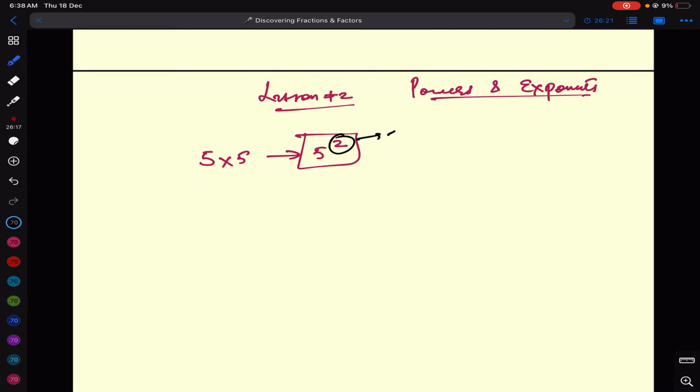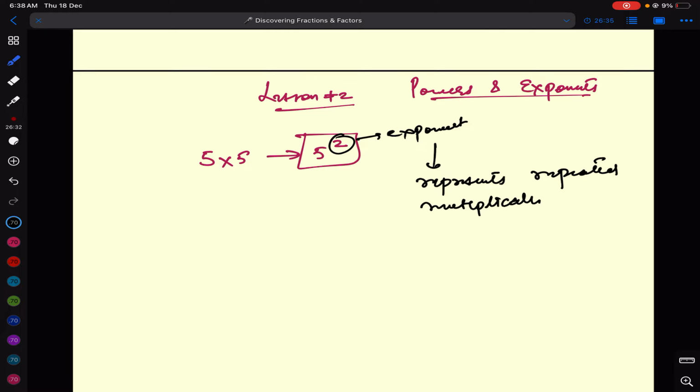This is your exponent, which is 2, which represents the repeated multiplication of the same factor, and that is also known as power. So exponent and power are basically aliases of each other.